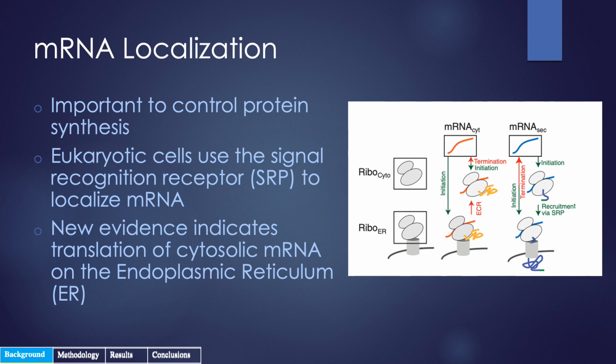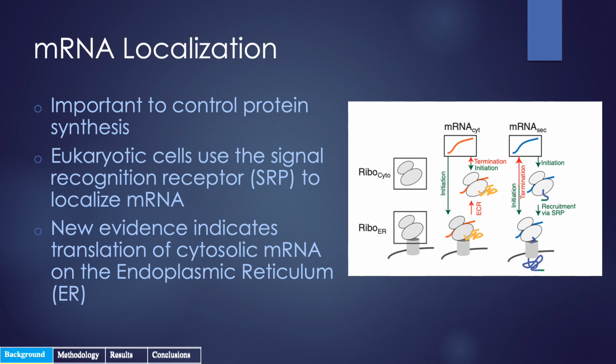While this SRP pathway is well established in mRNA and protein sorting to the ER, there is actually evidence for additional mechanisms of mRNA localizations to the ER.